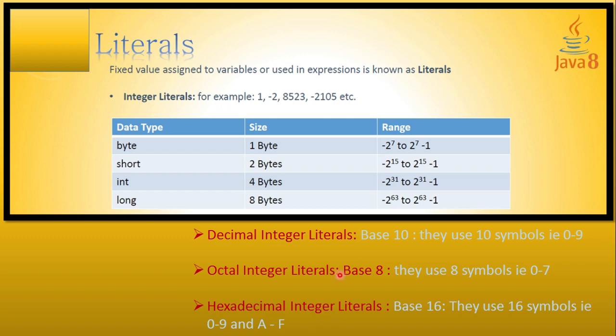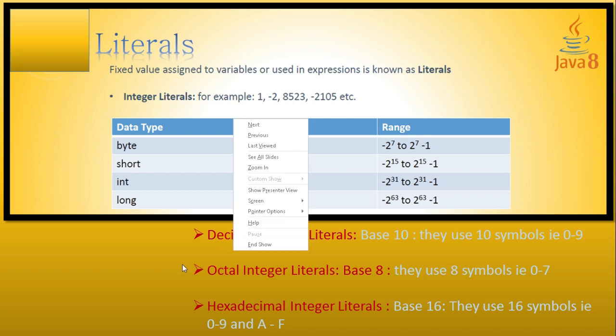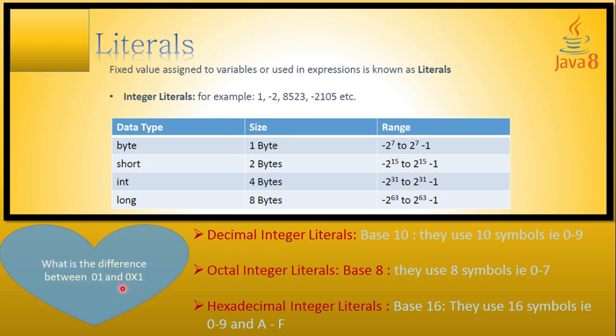Okay, so there is a confusion which number system you are going to use in Java. When you type normally, the numbers will be considered in decimal. When I type int a is equal to 15, that 15 will be in decimal number system. Now you can do this one in octal or hexadecimal also.